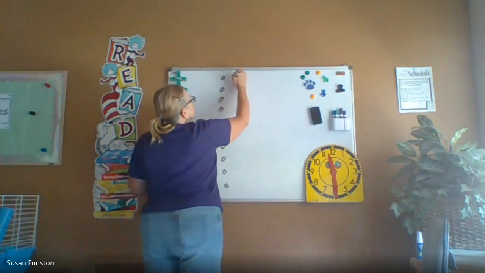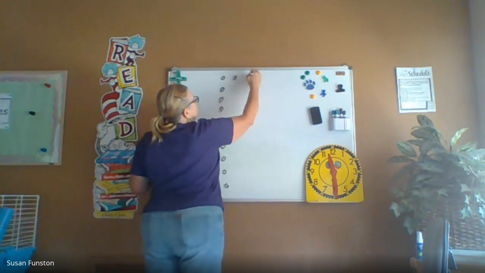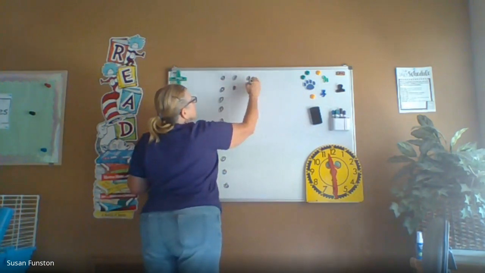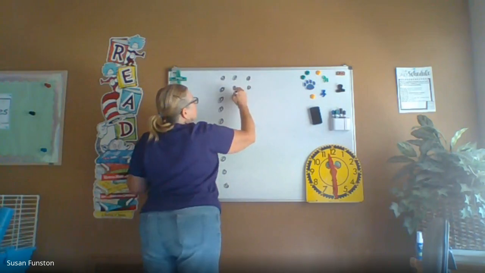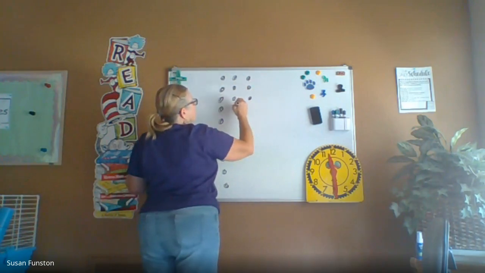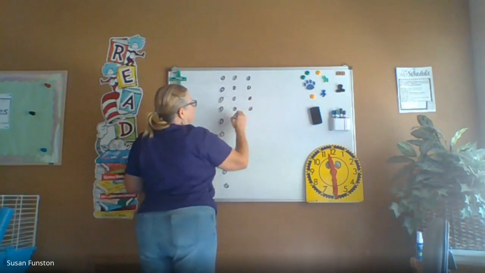That's the beginning of my 10 rows. 3 in each row. So I have 10 rows of 3.